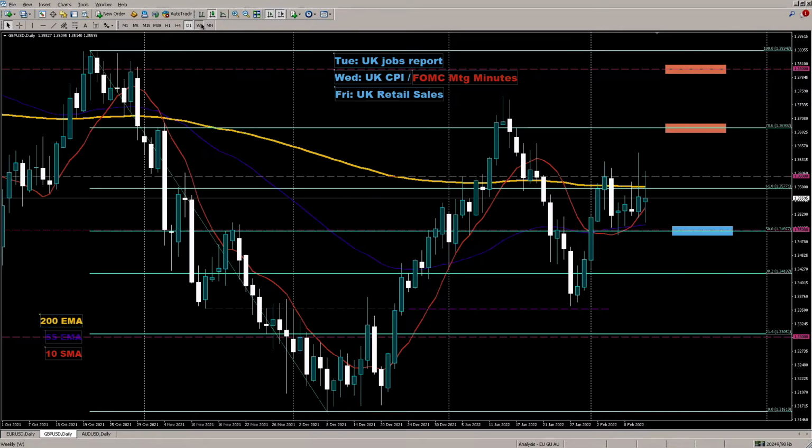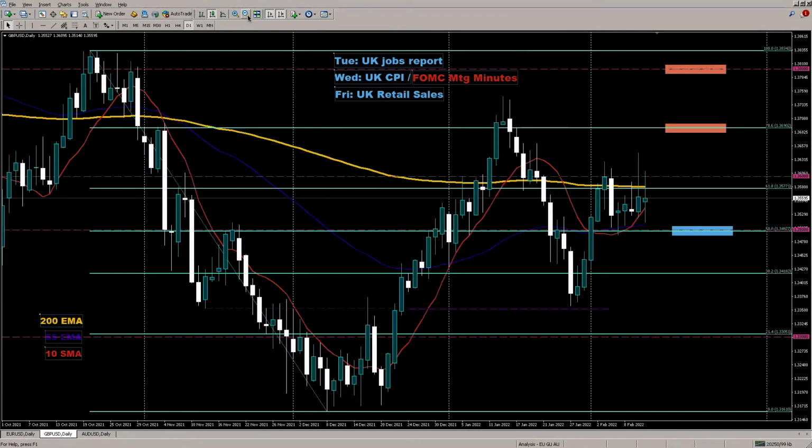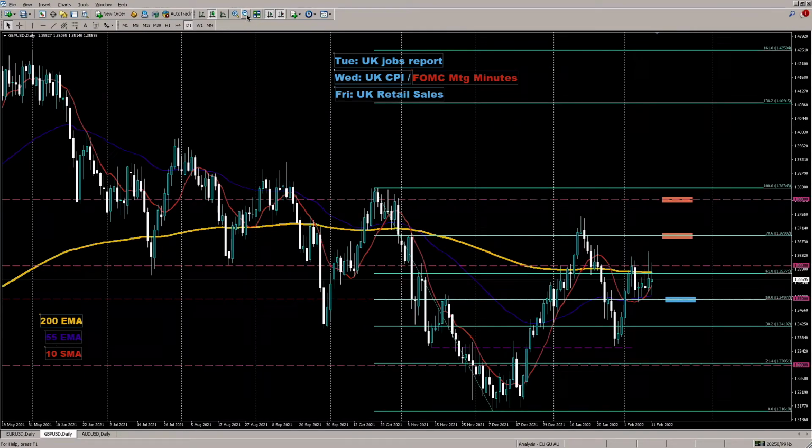Let's take a look on the weekly time frame. And yes, it's just consolidated for the week, so it looks like it's still stuck for now. This coming week, there are a couple more news that could impact the movement, such as a jobs report, CPI and retail sales figures.